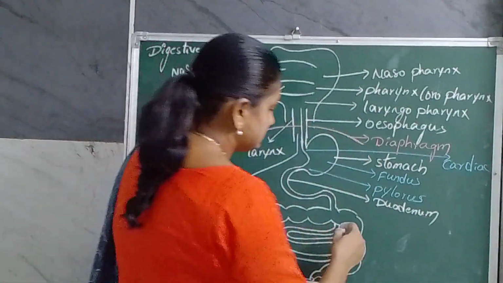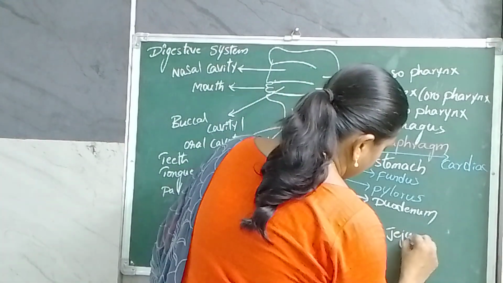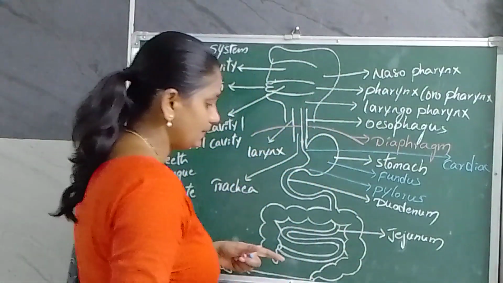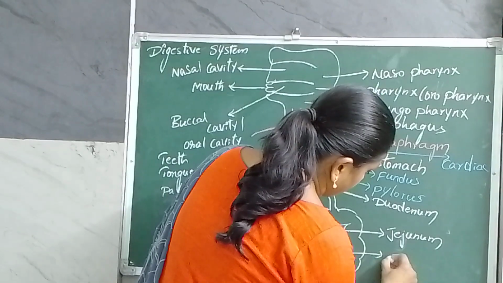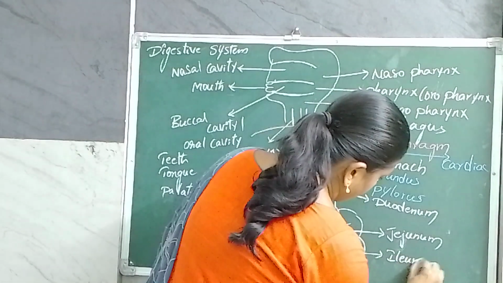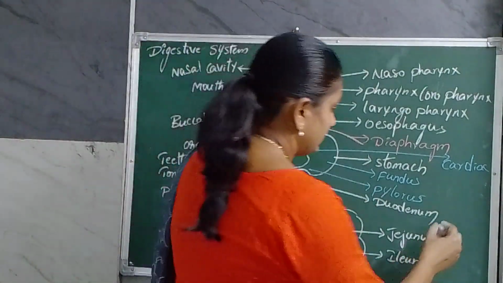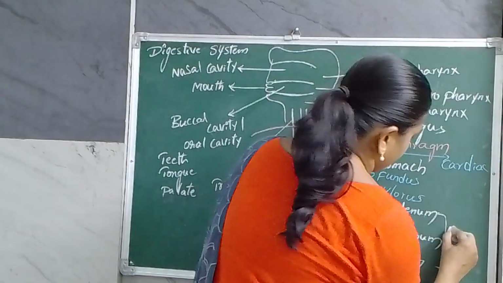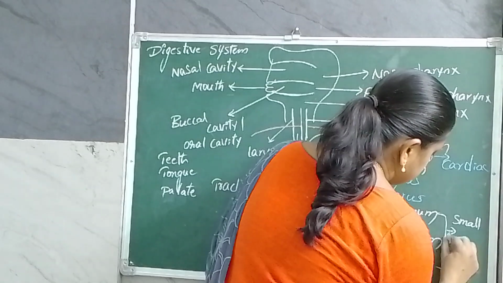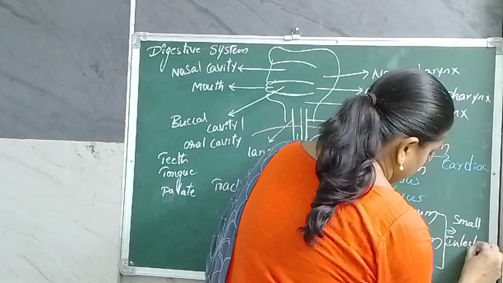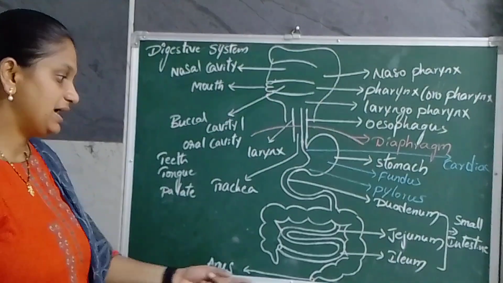This duodenum opens into jejunum, and this jejunum opens into highly coiled ileum. Okay, and these three parts together are called small intestine.